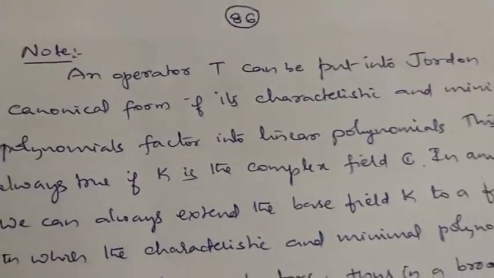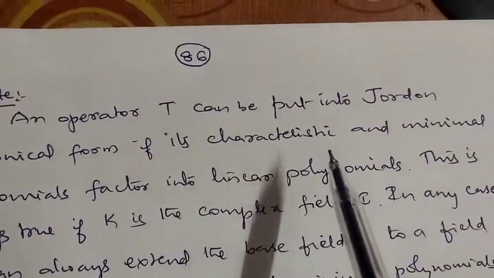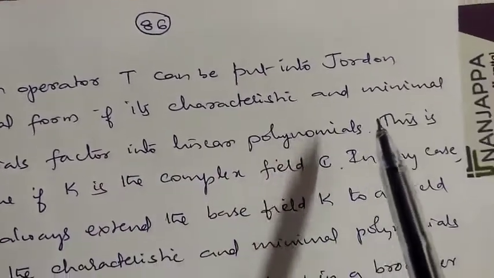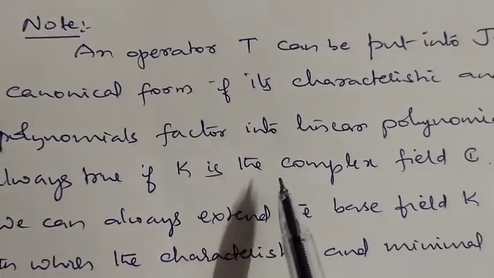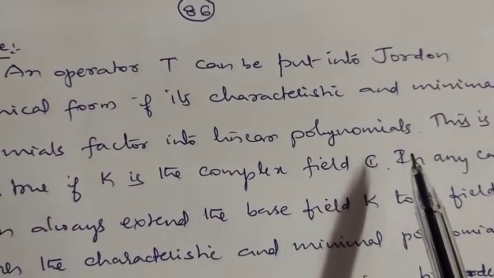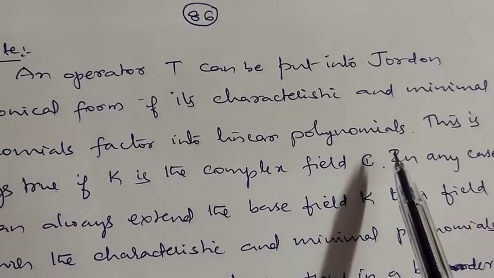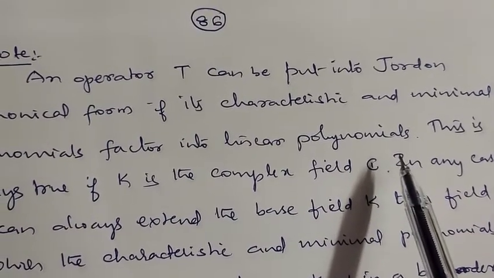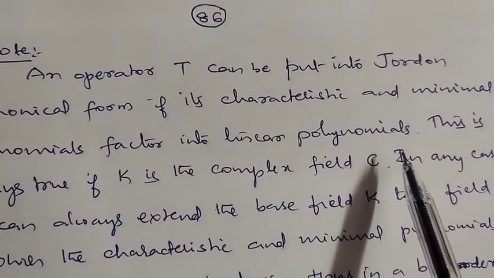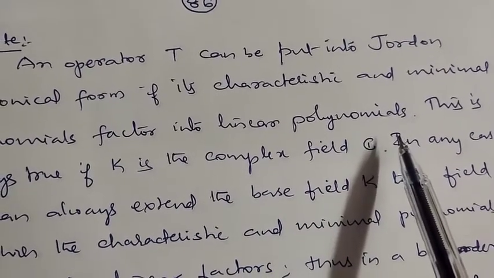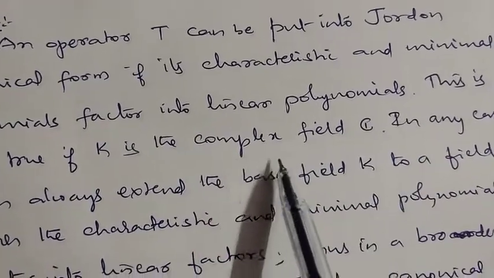Now note that an operator T can be put into Jordan canonical form if its characteristic and minimal polynomials factor into linear polynomials. This is always true if K is the complex field.